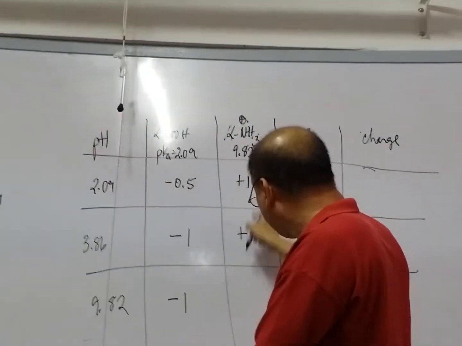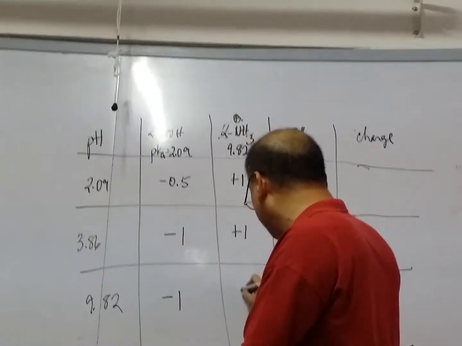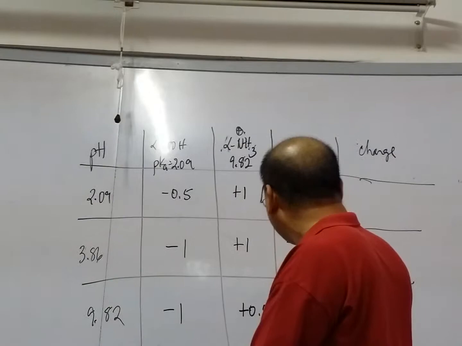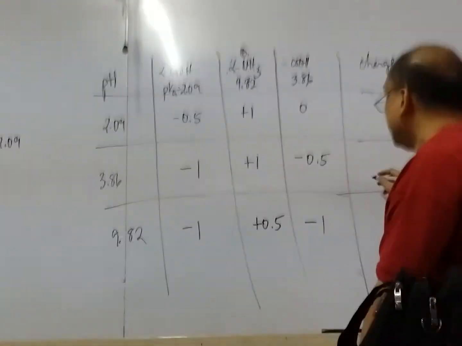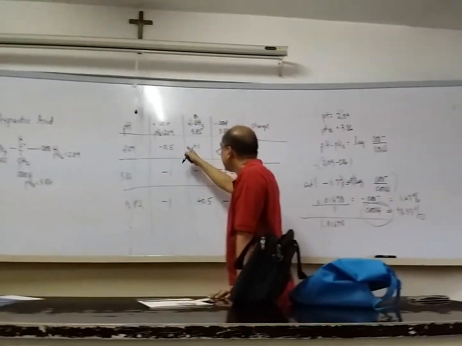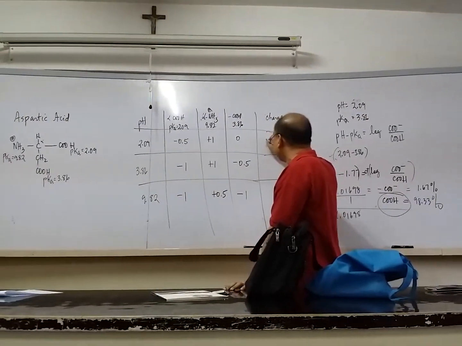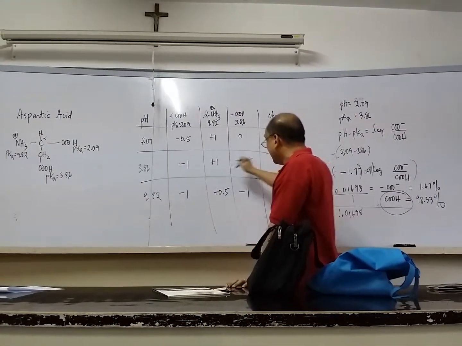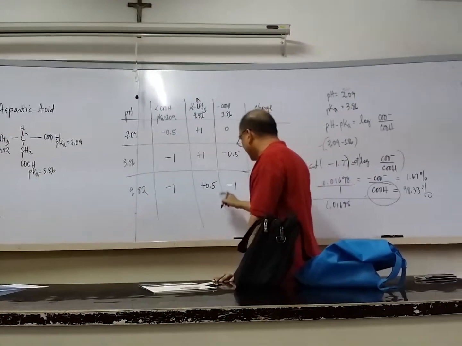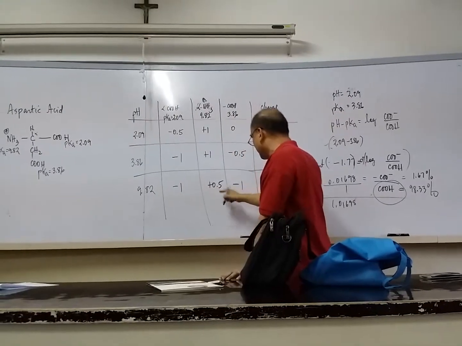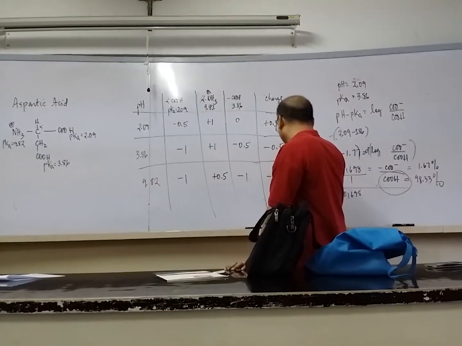This one is half dissociated, so it's plus 0.5. And this one, all of this is dissociated, so it's minus 1. So when you get the sum, that's minus 1 plus minus 0.5 plus 1 is minus 0.5. Then minus 1 minus 1 is minus 2 plus 1 is minus 1.